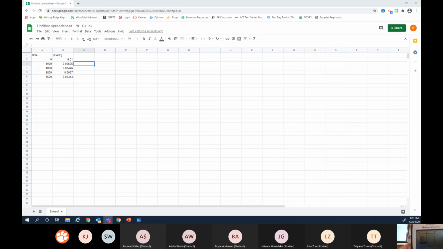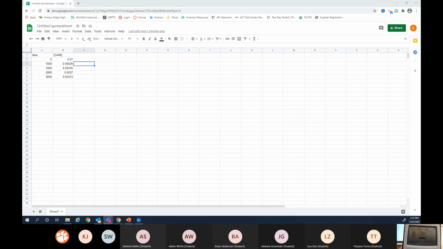Then where it says L2, that's where you can put the second column of data: 0.01, 0.00625, 0.00476, 0.0037, and 0.00313.